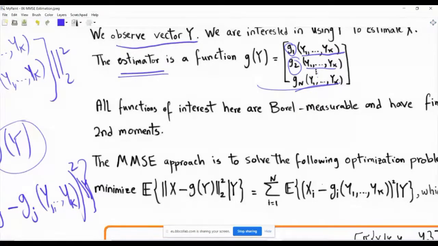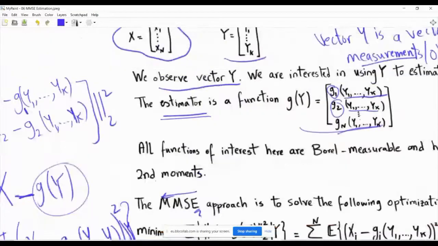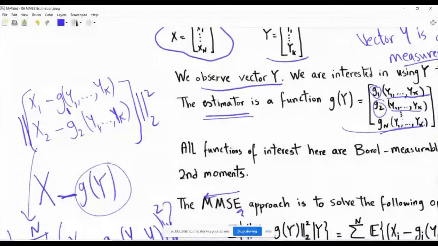So, minimum mean squared error. From its name, squared error. Error means a difference between the thing that you want to guess or estimate and the estimator. And by estimator, I mean a function that you apply to your observations or measurements to generate the guess.